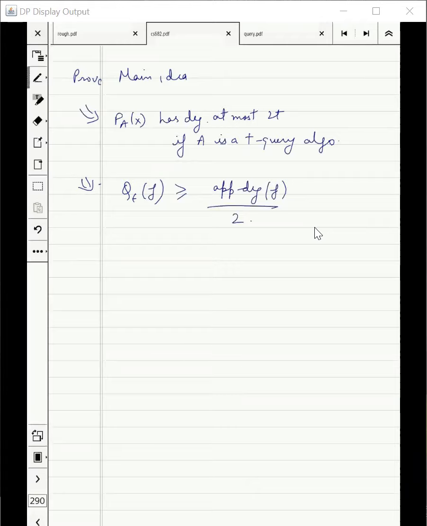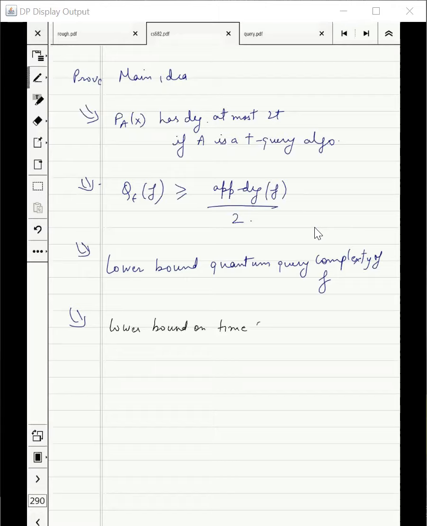This gives a way to lower bound the quantum query complexity of f, which in turn gives us a lower bound on the time complexity of f in many cases.